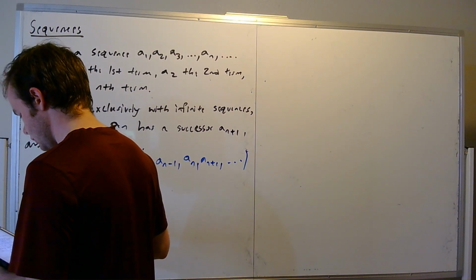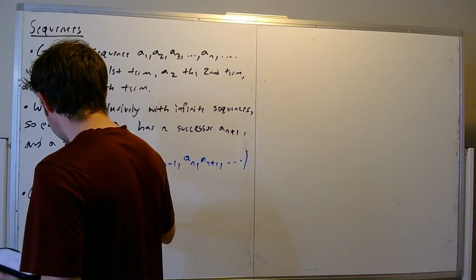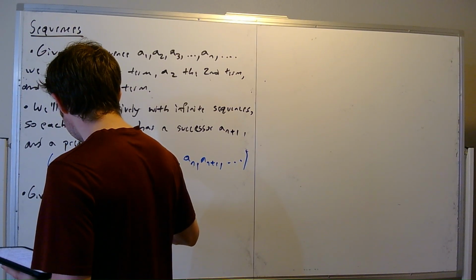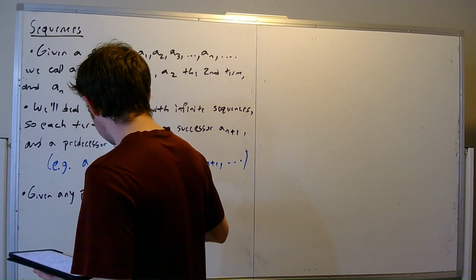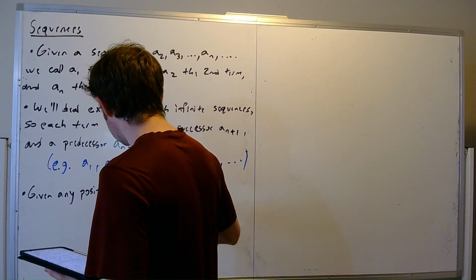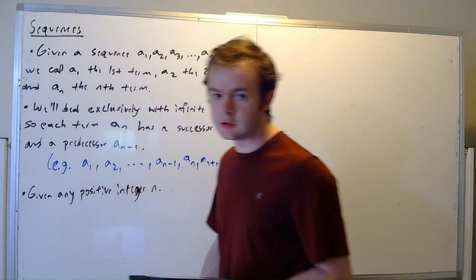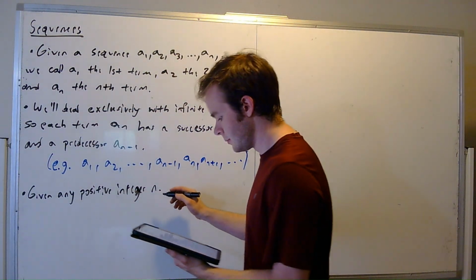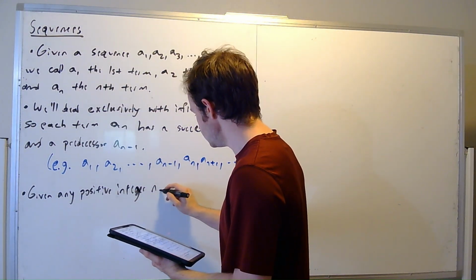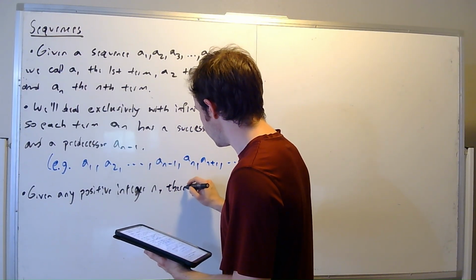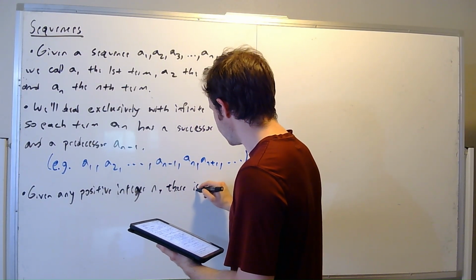given any positive integer n, right? So by integer, I just mean a whole number. There is a corresponding number a_n.